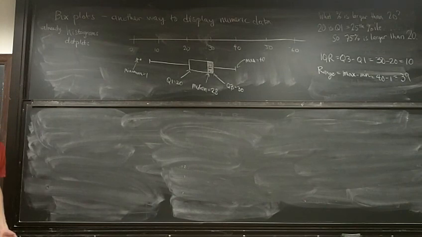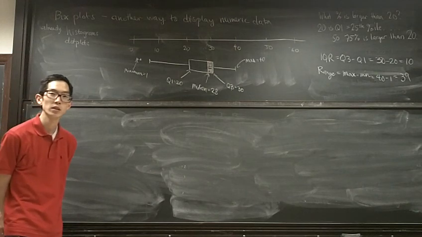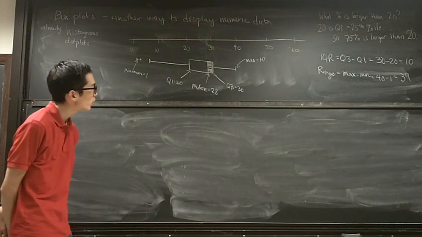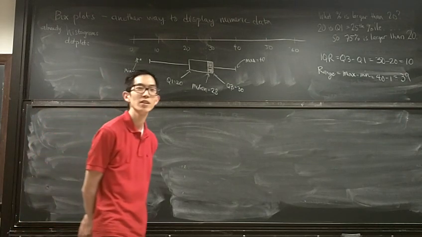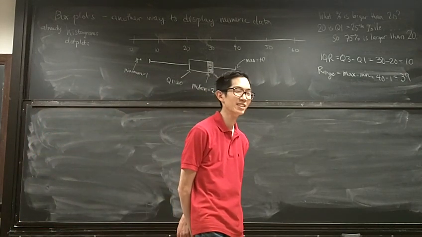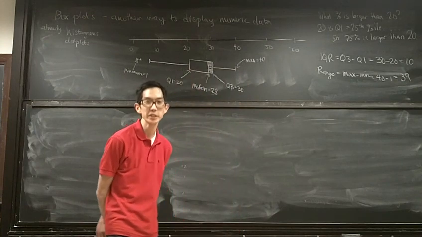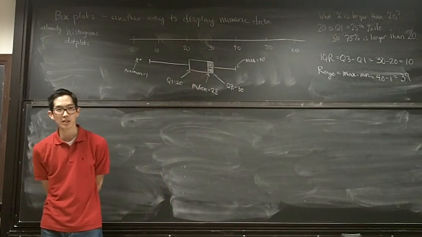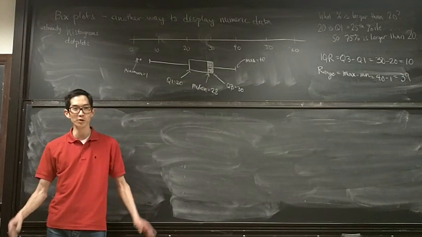Yes, question? Does the box plot move, or is it just the same plot? What do you mean by move? It's based on your data, okay? So based on your data, you draw the box plot.